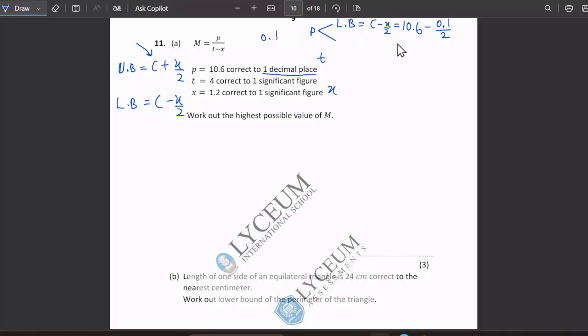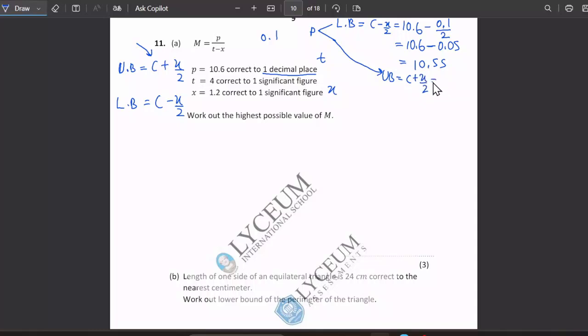Okay, now then we get 10.6 minus 0.05. Okay, then we can get the answer 10.55. Okay, similarly we can get the upper bound of p, c plus x over 2.